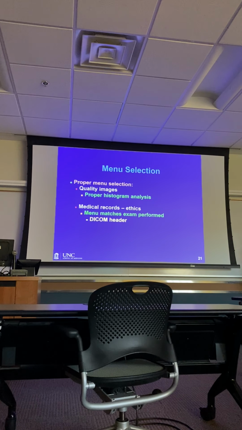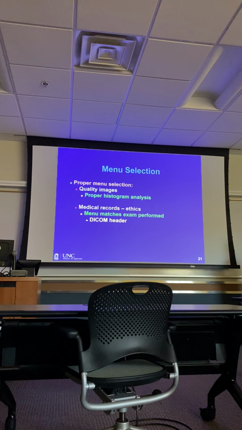Okay. So menu selection is extremely important, because when you're doing an AP knee, you select AP knee. If you're doing an abdomen, you select AP abdomen. It's very important that you select the proper menu, because every menu has a histogram tied to it.